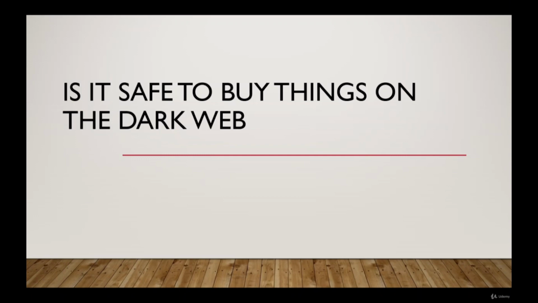Or you can simply call your credit card provider and they will just block the transaction because a fraud has happened. So this is one way that you can do things on the surface web.